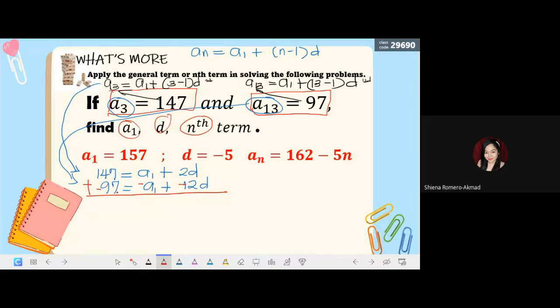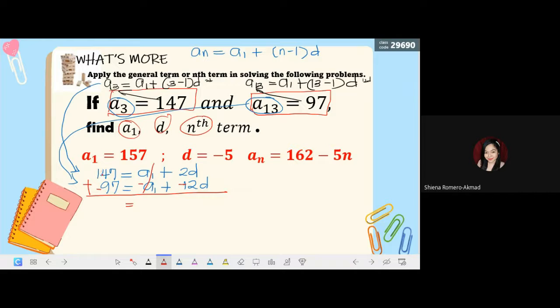Ano yung ibig sabihin nun? 147 plus 97 will be equal to? 244 po, ma'am. 244 ba? That's positive and negative. Magkaiba sila ng sign. Kapag magkaiba ng sign, ano ginagawa natin? Are we going to add or subtract?